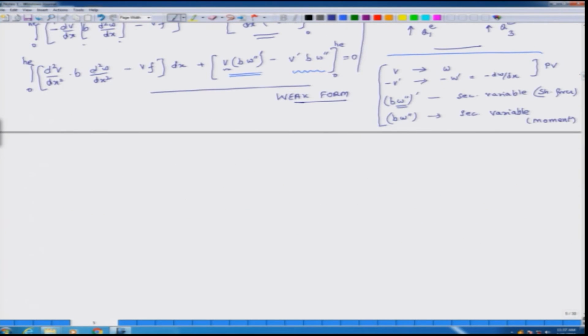So, I will call W and minus dW by dx generalized displacements.